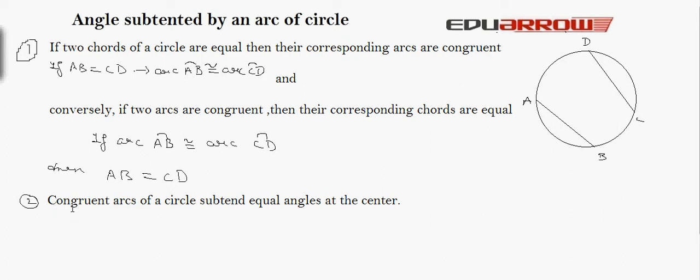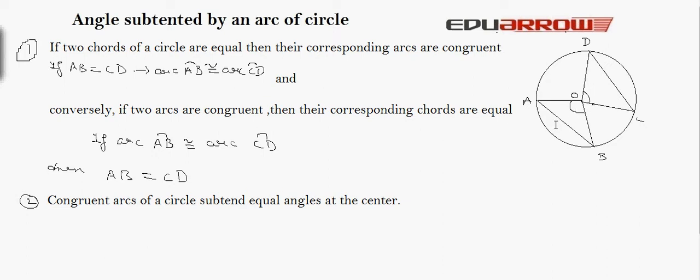Now we have our next result, that is, congruent arcs of a circle subtend equal angles at the center. That is, here in the figure, O is the center, and if we join OA and OB and join OD and OC, then we have angle DOC is equal to angle AOB.